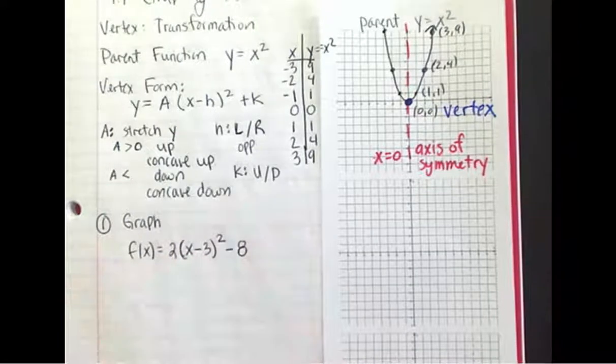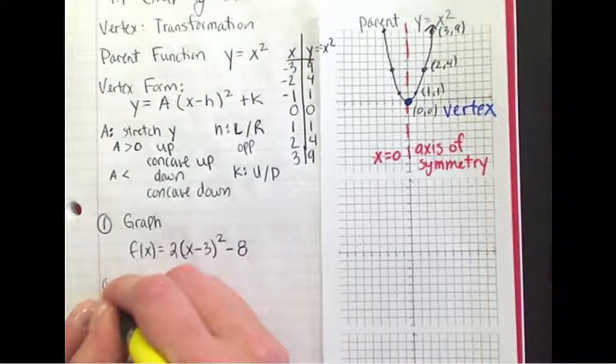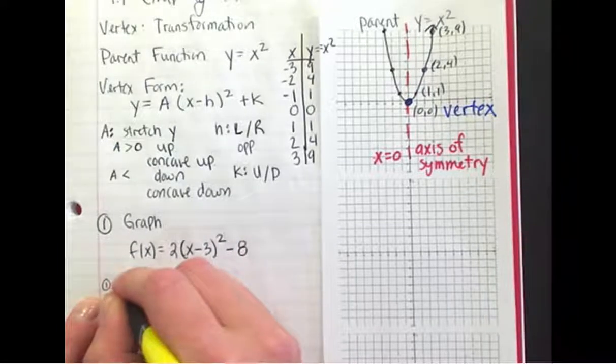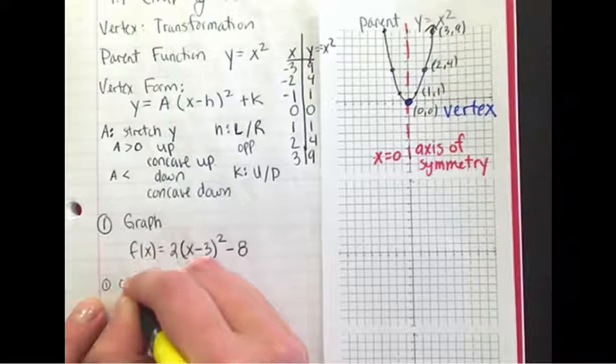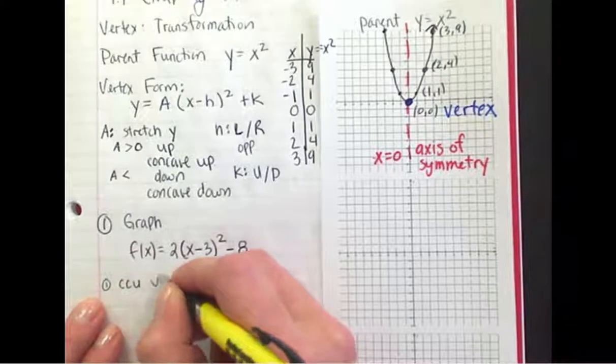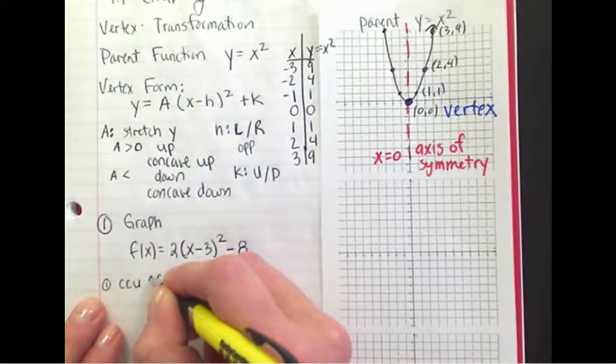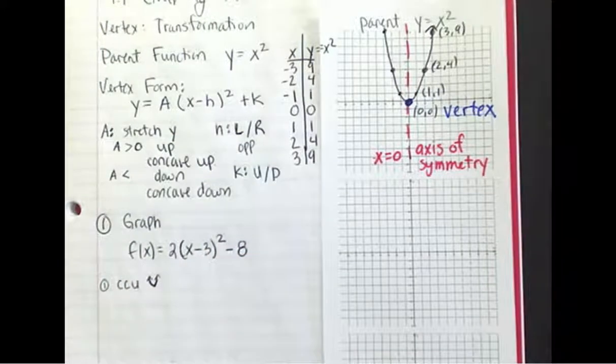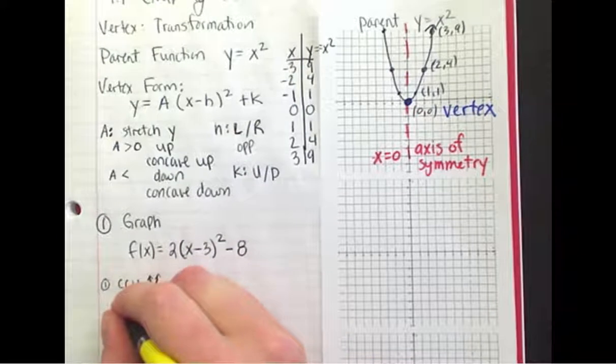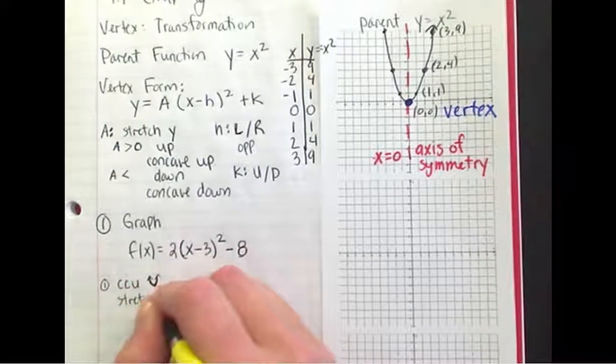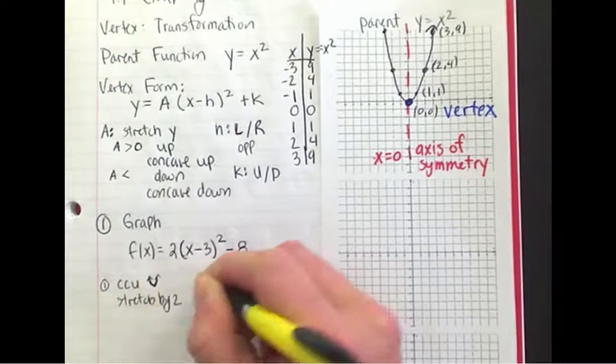And I'm going to do them in order. I'm going to say concave up. I'll even put a little note to myself: up like a cup. It's opening up because it's positive. A stretch by 2.